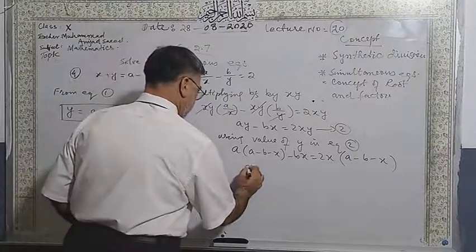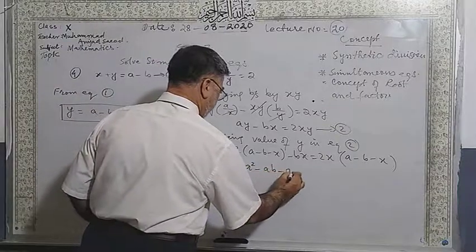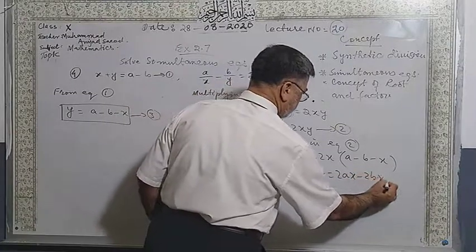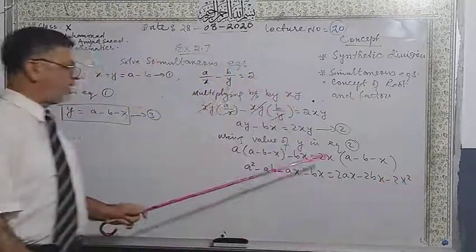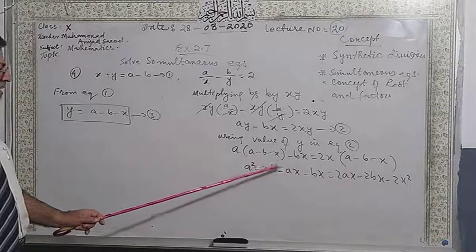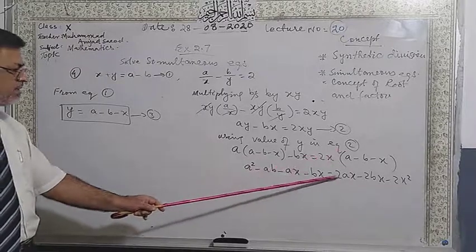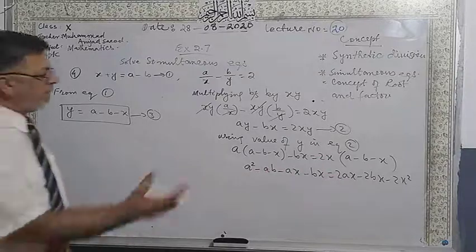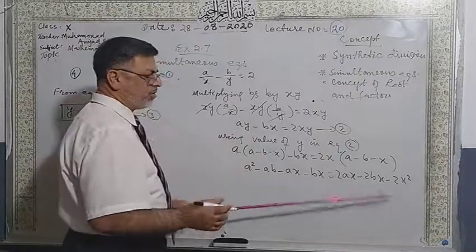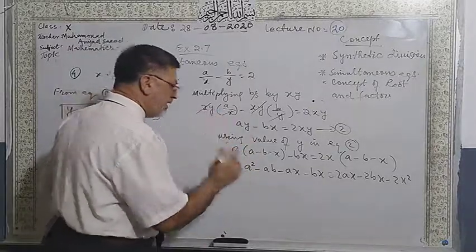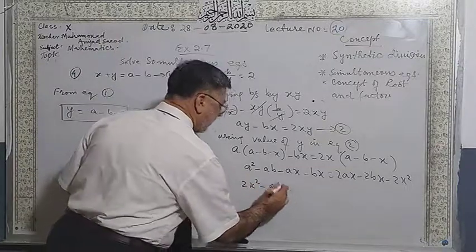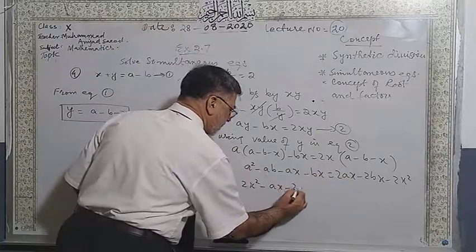Here is a square minus ab minus ax minus bx plus 2ax minus 2bx minus 2x square here. We open up the brackets. Bring right hand side terms to the left hand side, and first term will be the x square term. So write down in descending order: 2x square minus ax and here is minus 2ax.